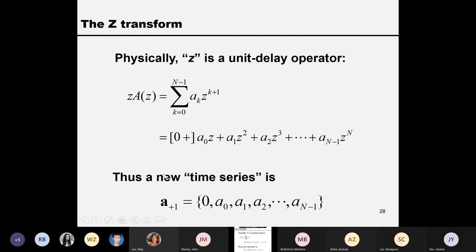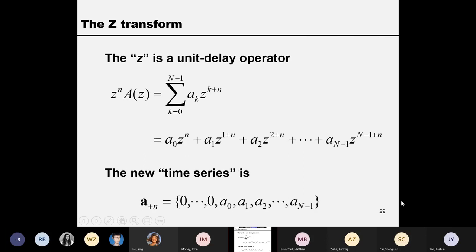If you multiply by Z, you shift by one time delay. You remember A0 was here, if we're talking about index time 0, but now it's moved rightwards. That's for a single Z. If we multiply by multiple Z, for example Z^n, the polynomial becomes the sum of A_k Z^(k+n).